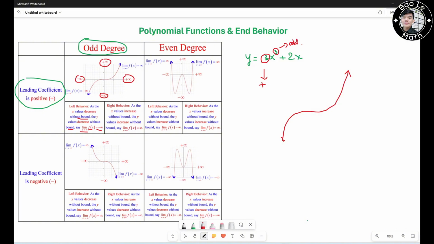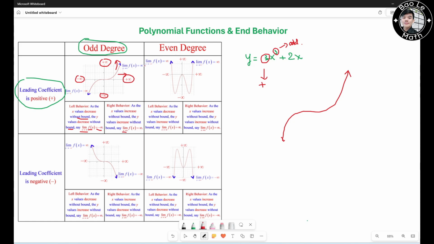When s approaches positive infinity, the function approaches positive infinity. S going to the right, the function keeps going up. So you say as the value of s increases without bound, the y value increases without bound, and the limit of the function f of s as s approaches infinity equals infinity.